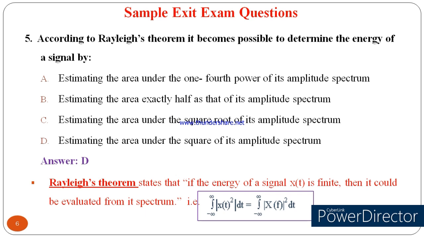That means the energy of a signal x of t is equivalent to the integral of the norm of the complete square of the spectrum, where the spectrum is the Fourier transform of the given signal x of t, and the integral is equivalent to the area.